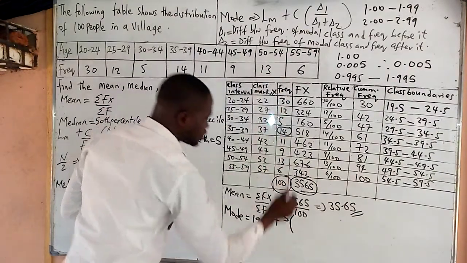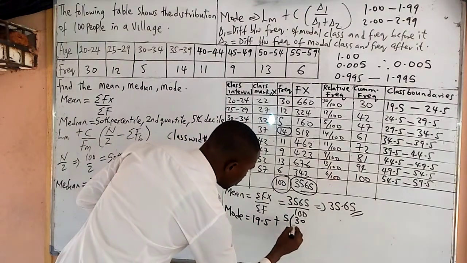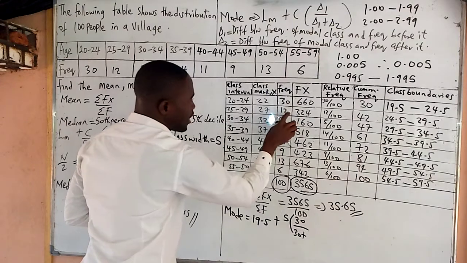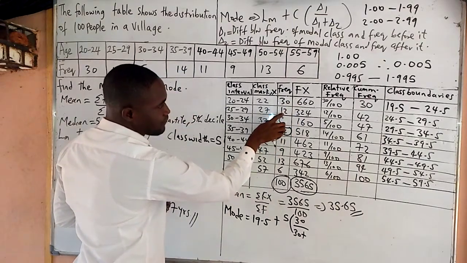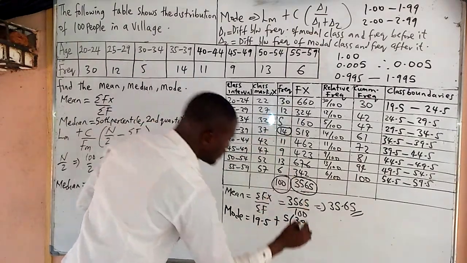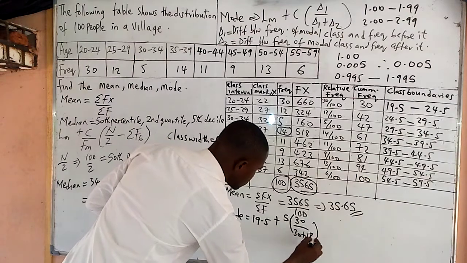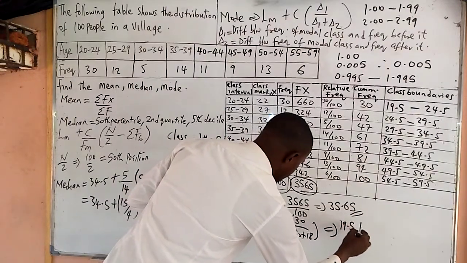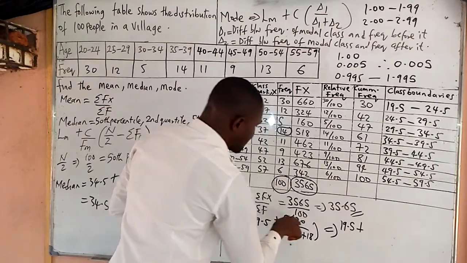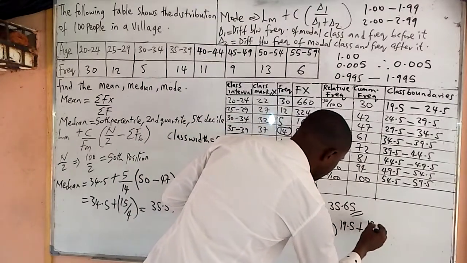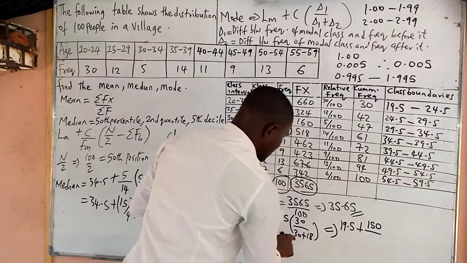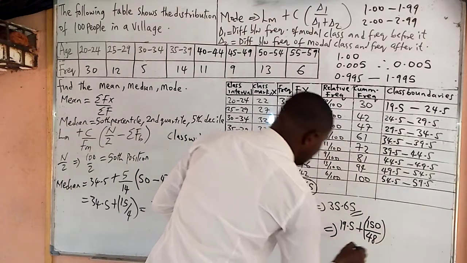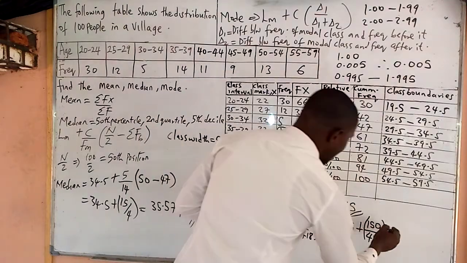No. 30 minus nothing, 30, all over 30 plus 30 minus 12, that is the frequency after it. 30 minus 12 is 18. Then that will give you 19.5 plus 5 times 30, 150, all over 30 plus 18, 48.